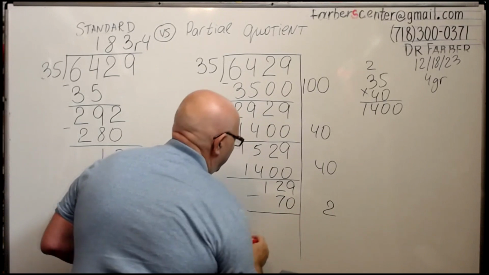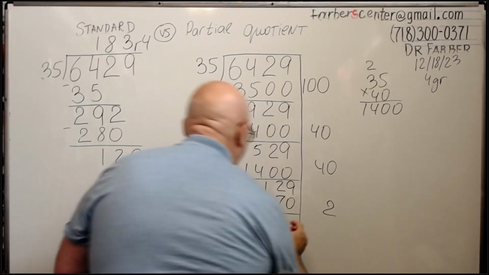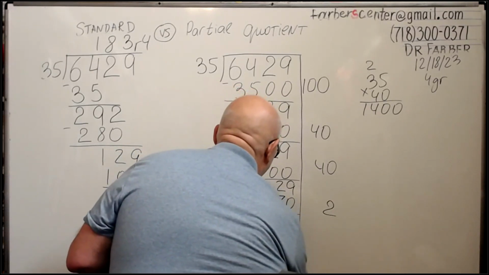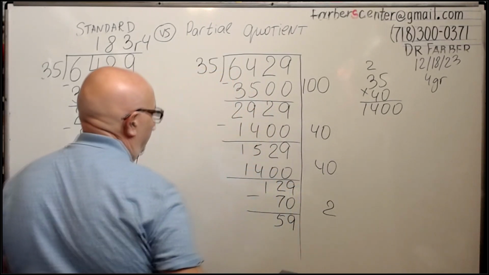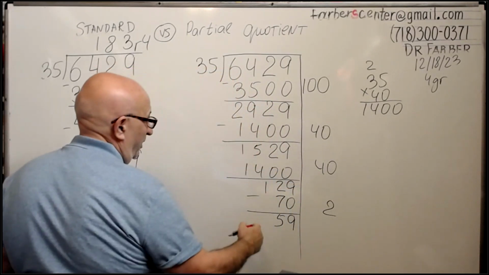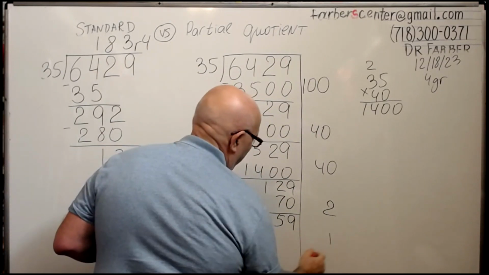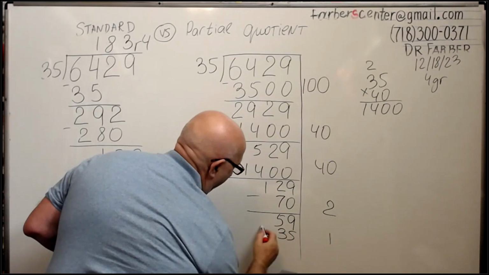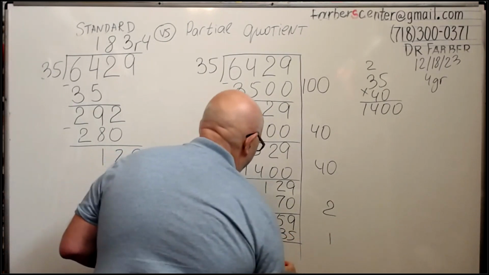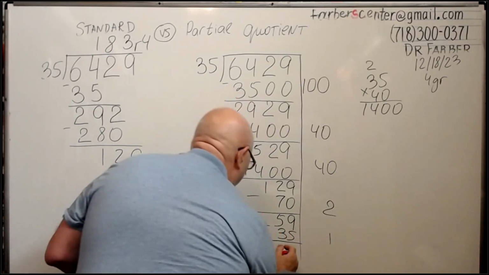Subtract. It will be 9, and this is 5. How many times does 35 go into 59? One time. 1 times 35 is 35. After subtraction, you get what? 24.